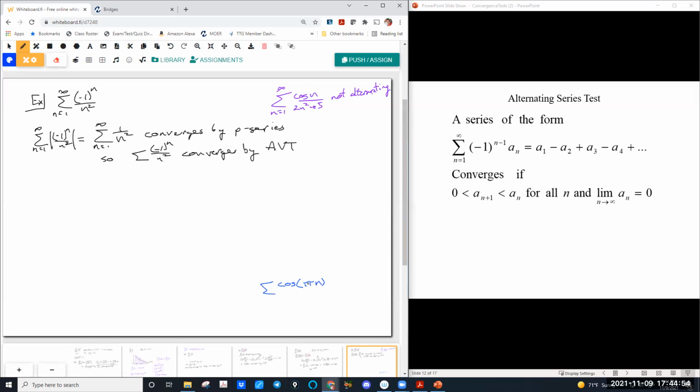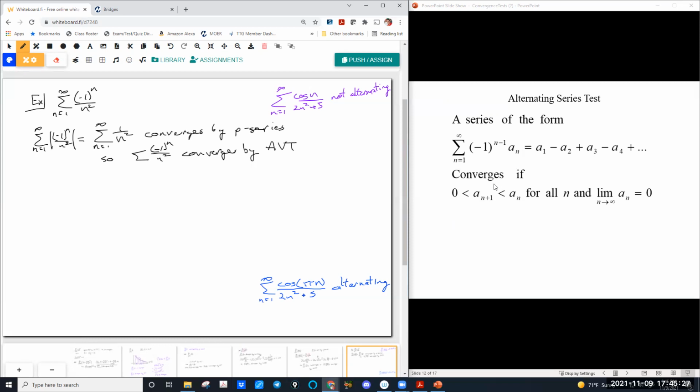Cosine of 2 pi is 1. Cosine of 3 pi, negative 1. Now this alternates. Okay, so make sure you recognize the difference, because this one we cannot use the alternating series test. This one we can.